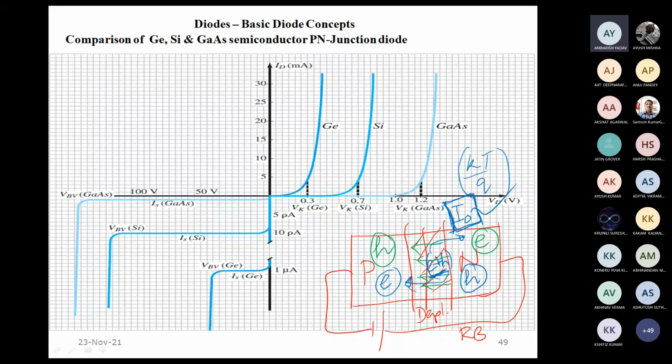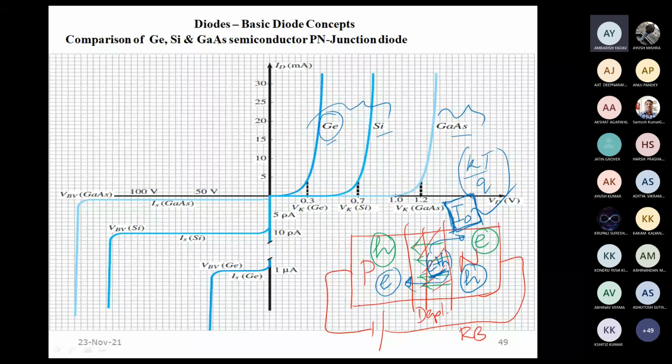Now in this graph, as you can see, we have PN junctions made of different materials: germanium, silicon, and gallium arsenide. Germanium and silicon are elemental semiconductors, whereas gallium arsenide is a compound semiconductor. Any of these can be used to make our junction.